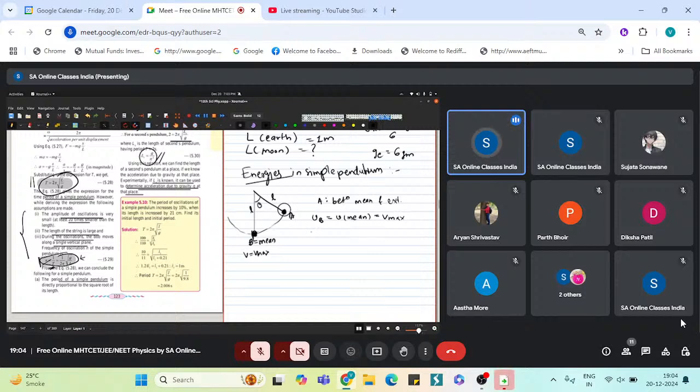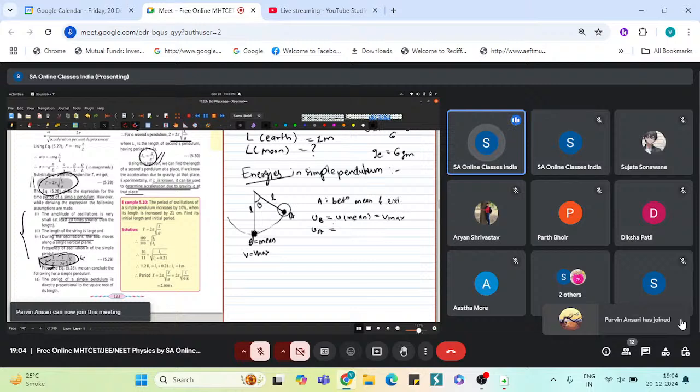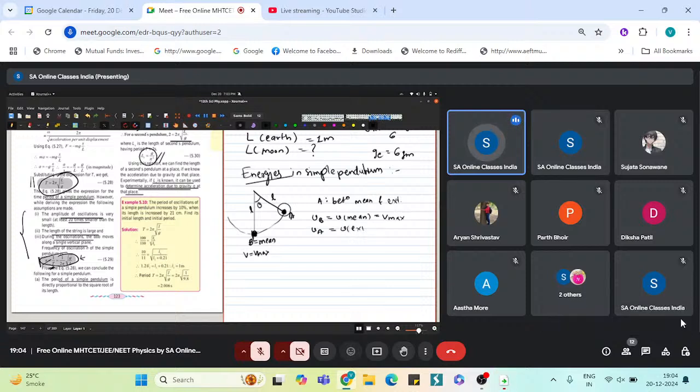The other thing, which was that at the extreme position the potential energy is maximum, also holds here. So at A, which is the extreme position, velocity is going to be zero, but the potential energy is going to be the maximum. So kinetic energy will be maximum at the mean position, and kinetic energy will be equal to zero at the extreme position.